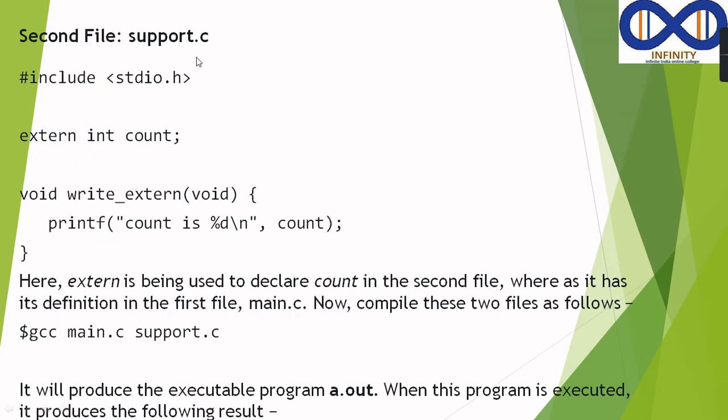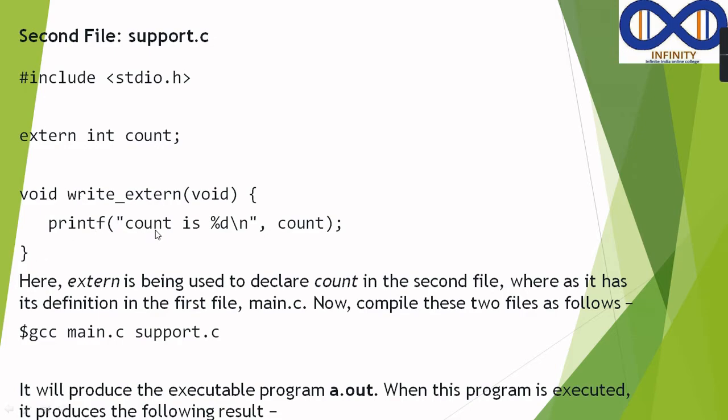Here is the second file, support.c. That one is the first file and this one is the second file. It includes stdio.h, then extern int count, and void write_extern() with the opening of the braces.